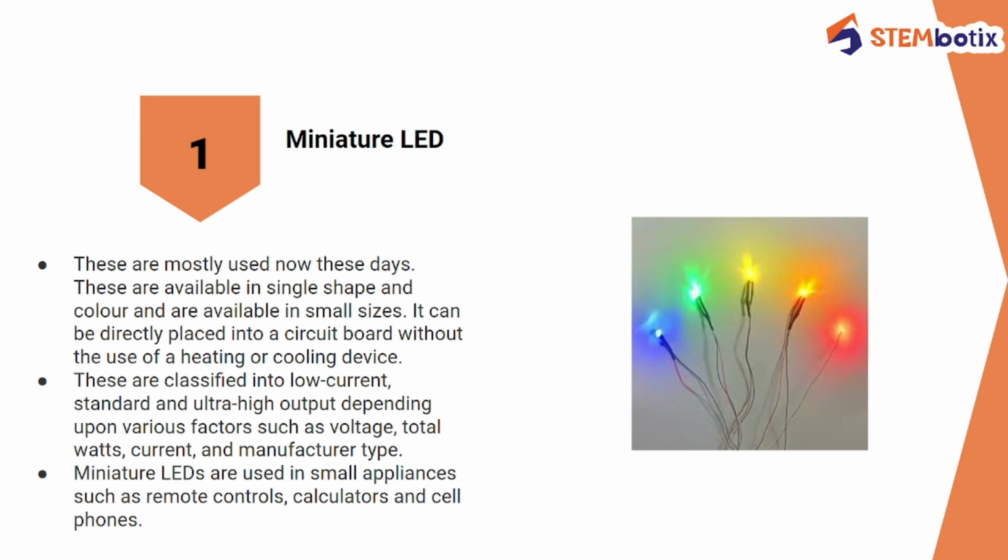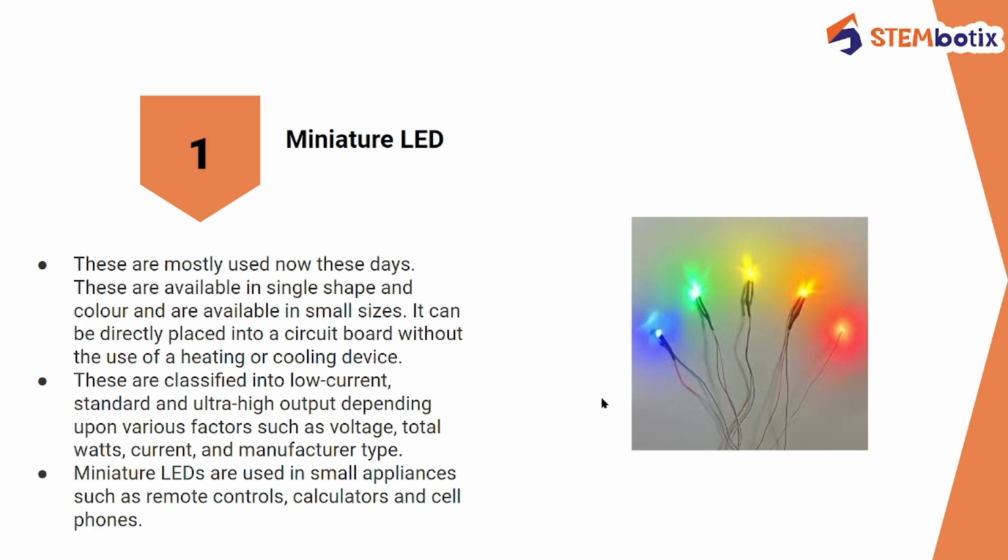As you can see in this picture, these are so small in size that you can notice them in our TV remotes, some calculators, or devices in which there is a small light available. So these are nothing but the miniature LEDs. These are mostly used these days.